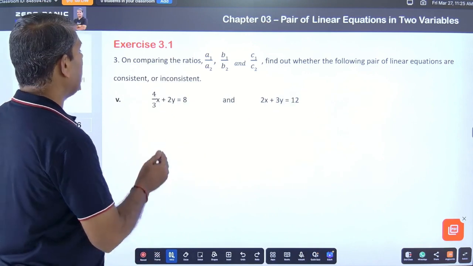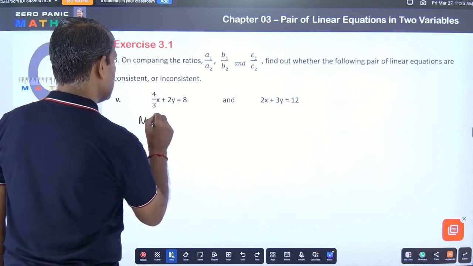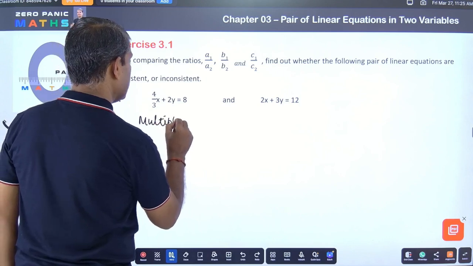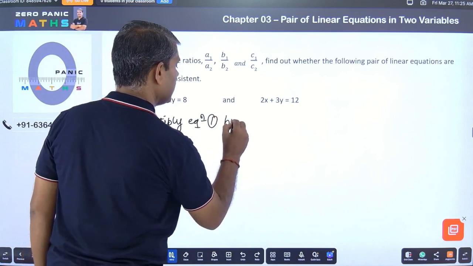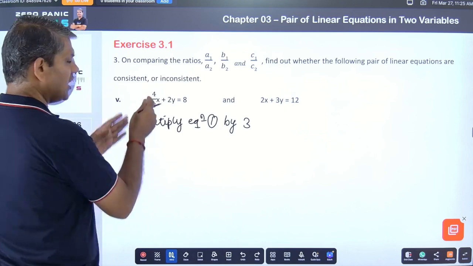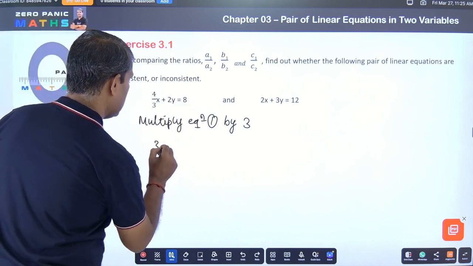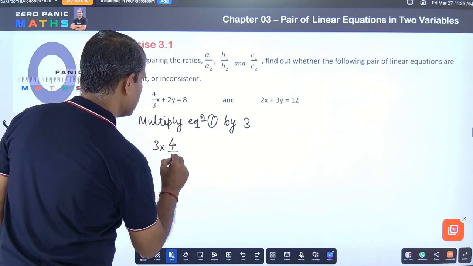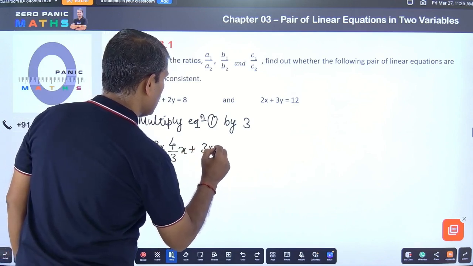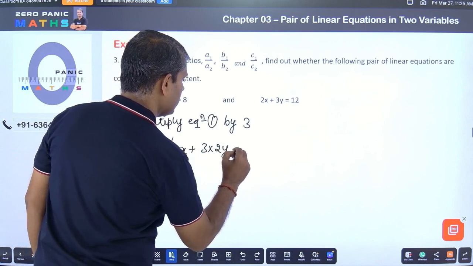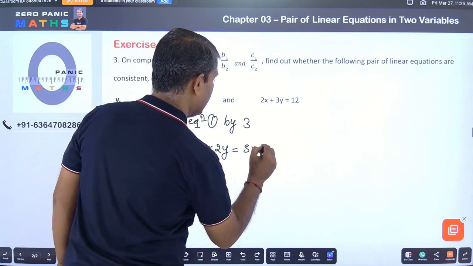Let us multiply equation 1 by 3, just to remove this 3 from the denominator. 3 into 4 by 3 x plus 3 into 2y plus 3 into 8.